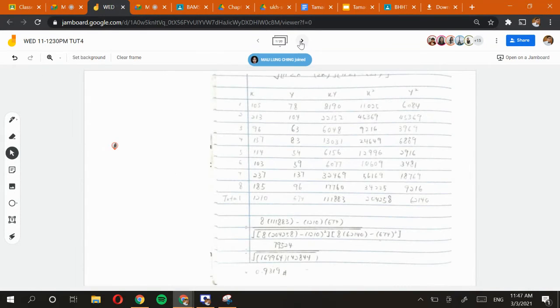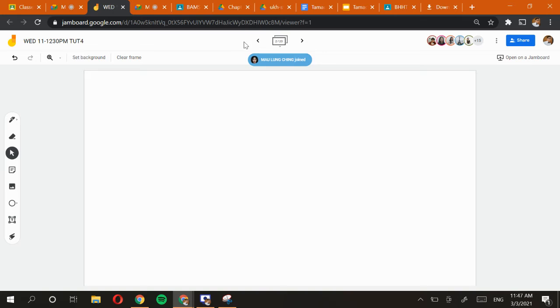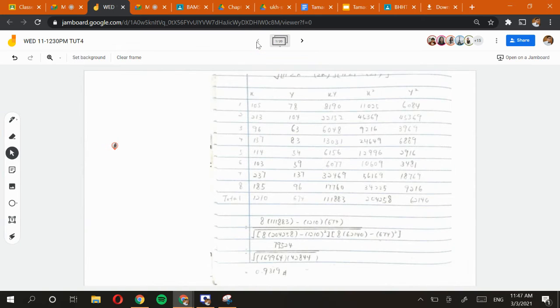Question 1, I think yes. Let me see. Question 1, have to show the scatter diagram also.